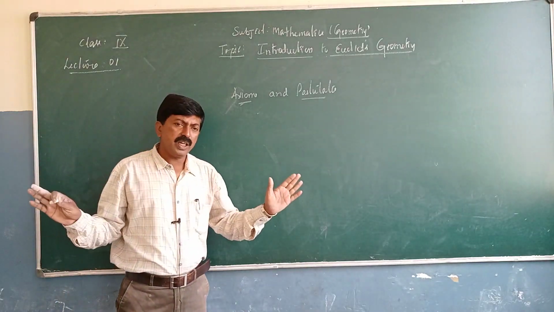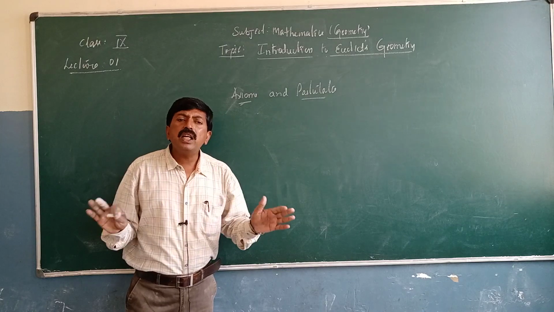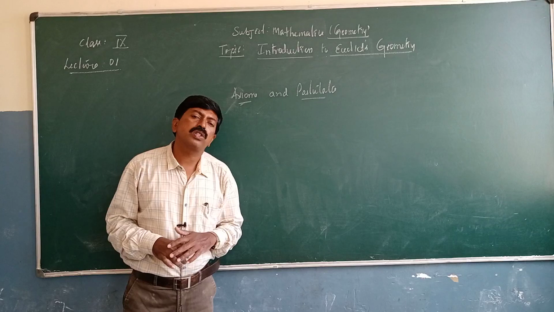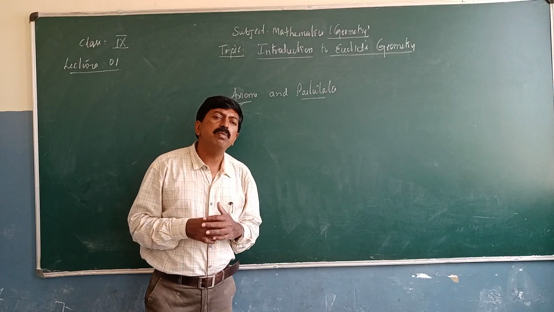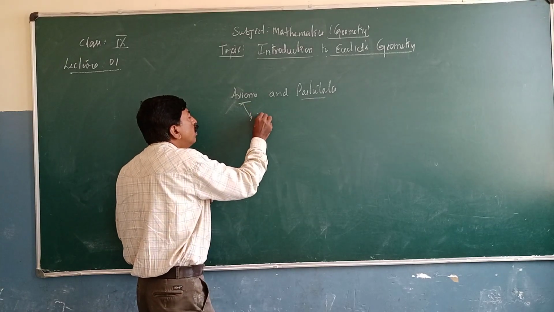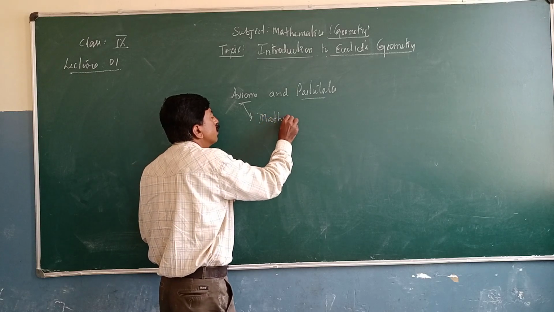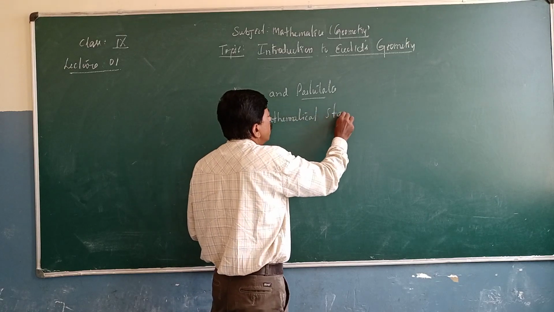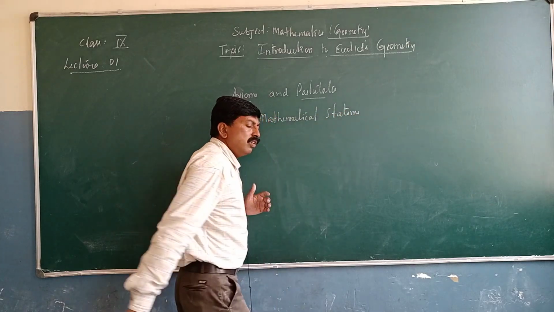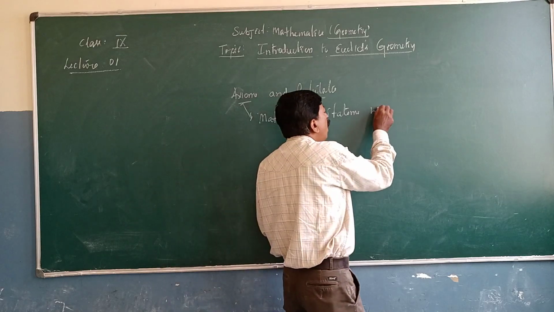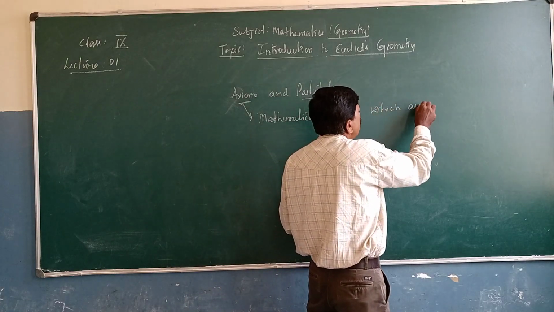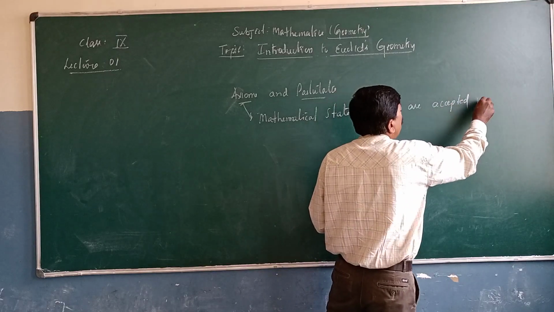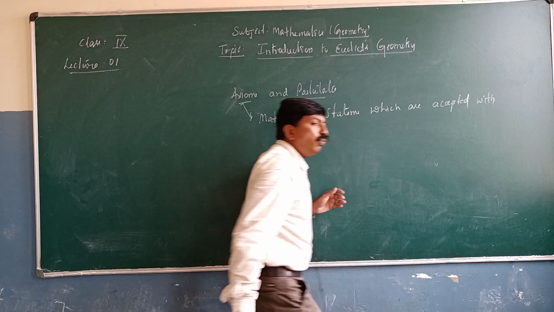Usually mathematical statements are categorized into two types: axioms and postulates. So what are axioms? Axioms are mathematical statements that are accepted with proof and discussion.